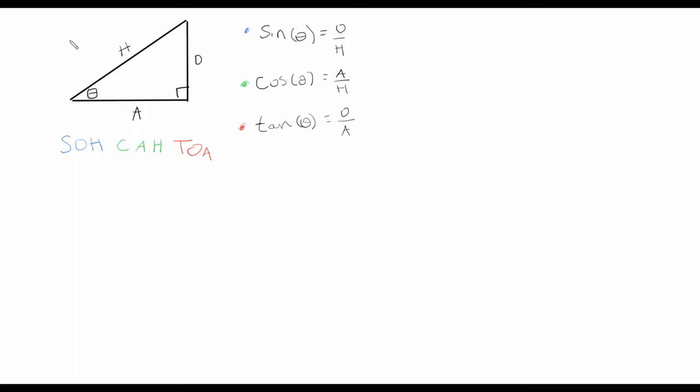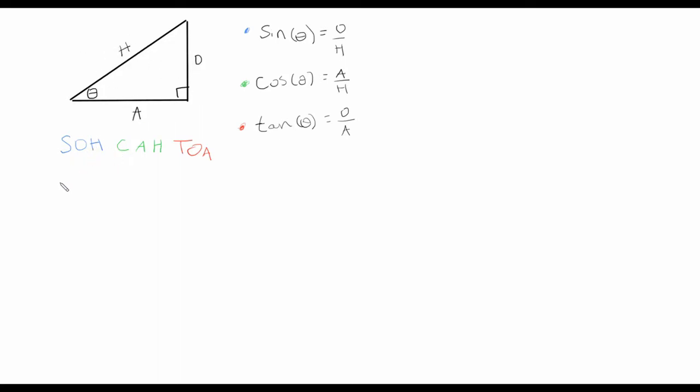So one thing right off the bat that we want to point out is the Pythagorean theorem because it shows up everywhere. Most of trig can be broken down into sines, cosines, and the Pythagorean theorem. So just to recap, we square the legs, add them up, and that's equal to hypotenuse squared.